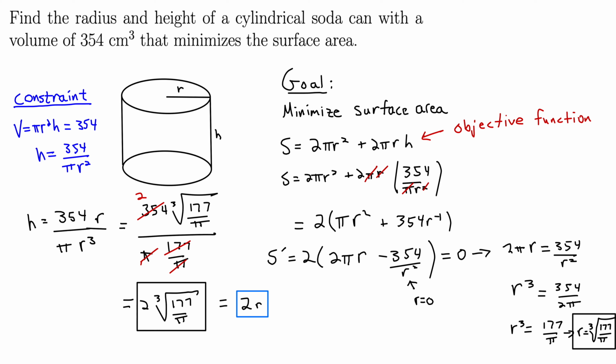Why not? Well, it turns out that when you create a soda can, you want to double the amount of material on the top and the bottom for structural reasons so it doesn't break through there.